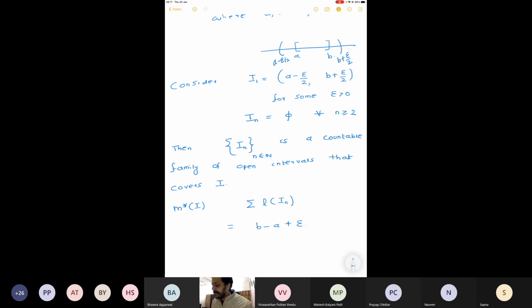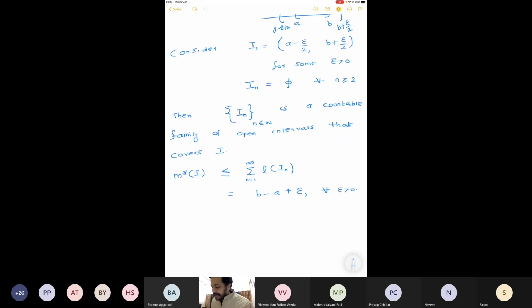Okay. So, M star of I should be less than or equal to summation of length of In for this particular cover. Therefore, M star of I is less than or equal to B minus A plus epsilon for any arbitrary epsilon greater than 0. Therefore, it follows that M star of I is in fact less than or equal to B minus A. Quite trivial.